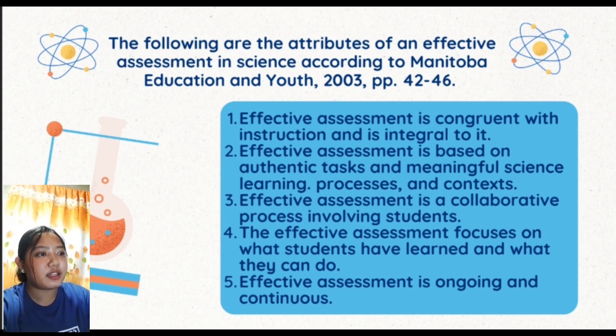Number three, effective assessment is a collaborative process involving students. Number four, effective assessment focus on what students have learned and what they can do. Number five is that effective assessment is ongoing and continuous. So those are the attributes of an effective assessment.